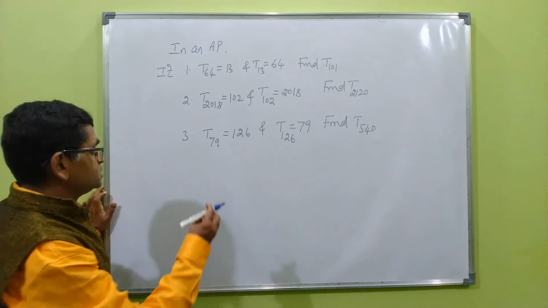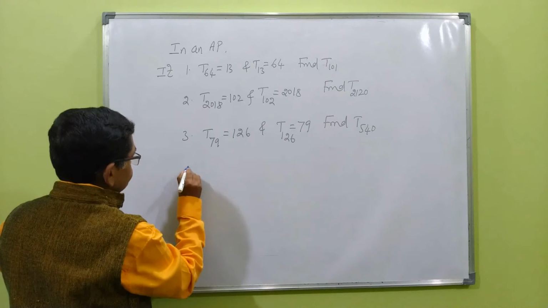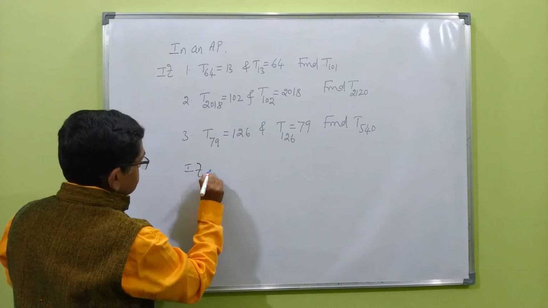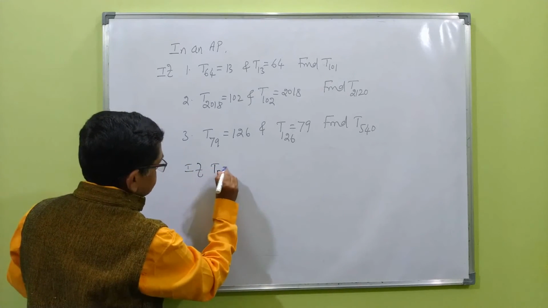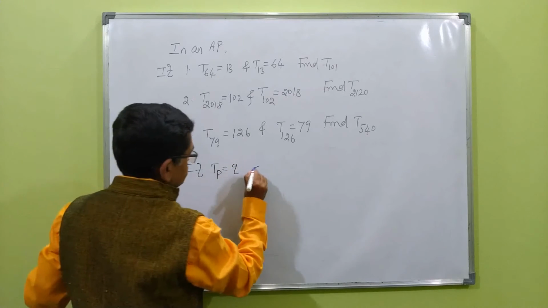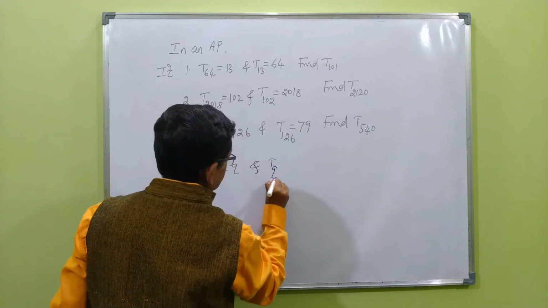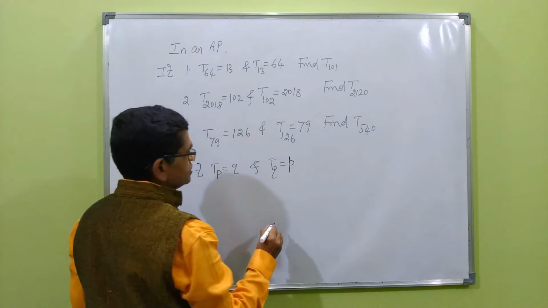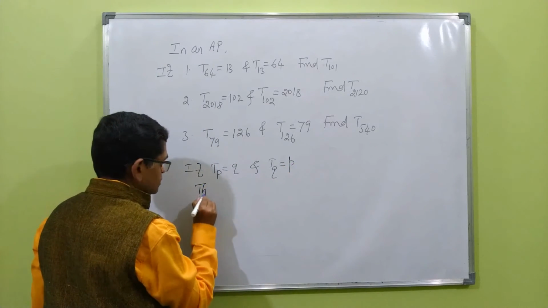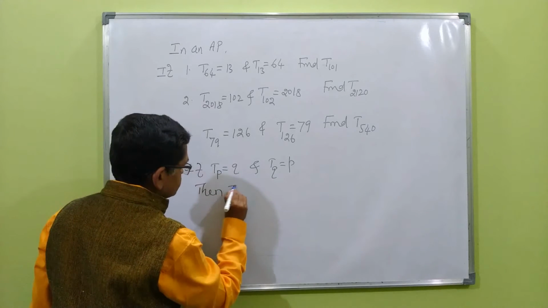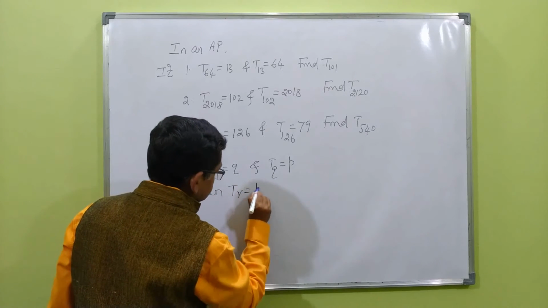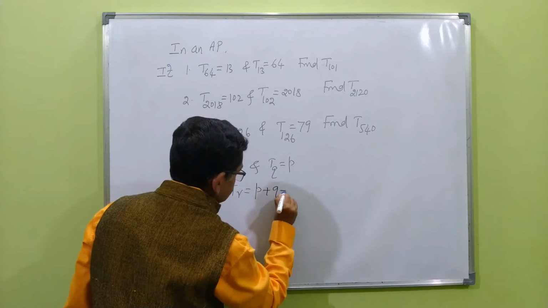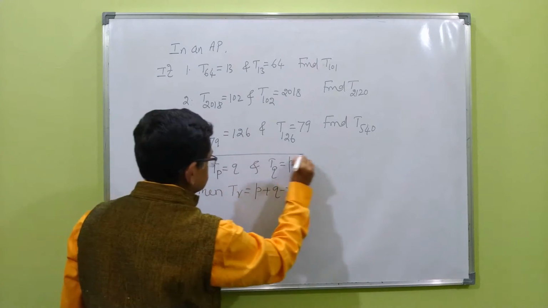So there is a rule. If TP is equal to Q and TQ is equal to P, then TR is equal to P plus Q minus R. This is the rule.